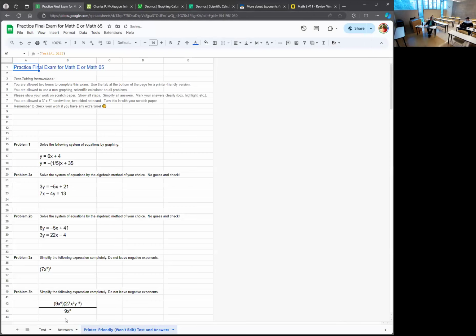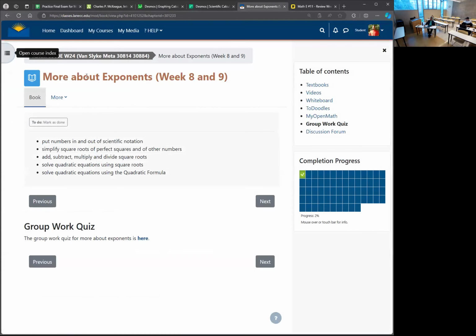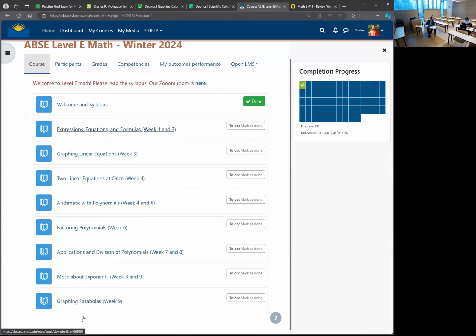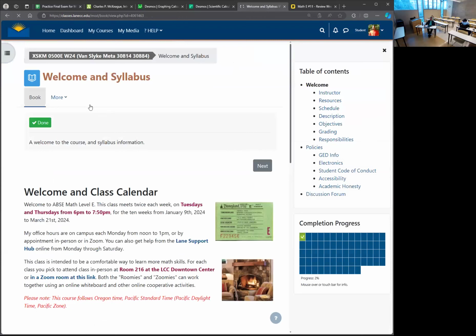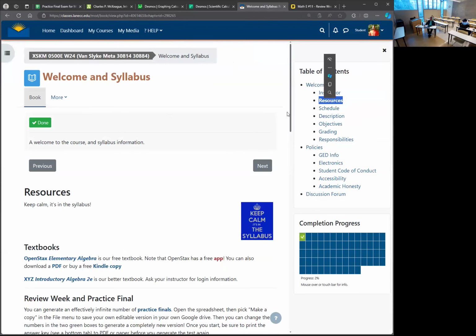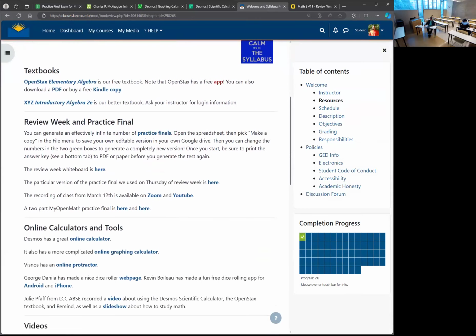And then I stuck it in our Moodle class. There's no box at the very bottom of Moodle for review week, because then you would ignore the syllabus. Instead, I want you to go to the syllabus, so I'm being annoying. And if you go to resources on the side, then there's a whole little thing, review week and practice final.